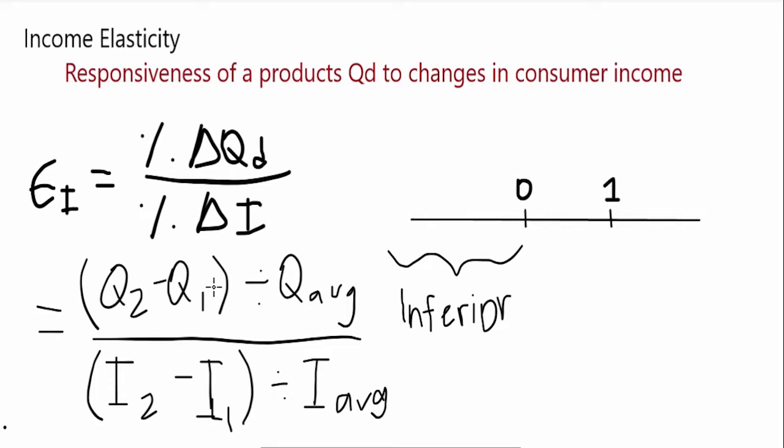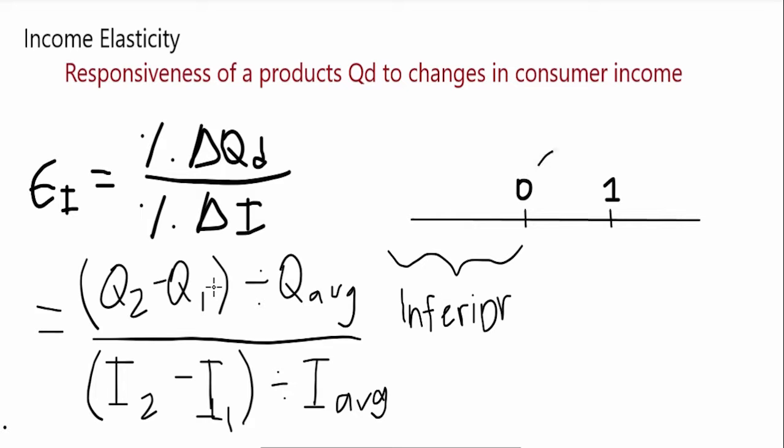So that means that we have a decrease in our quantity demanded as our income increases. And that's the same relationship as an inferior good, because we know that as your income increases, you'll want to demand less of that good. So that's how you know that's an inferior good.